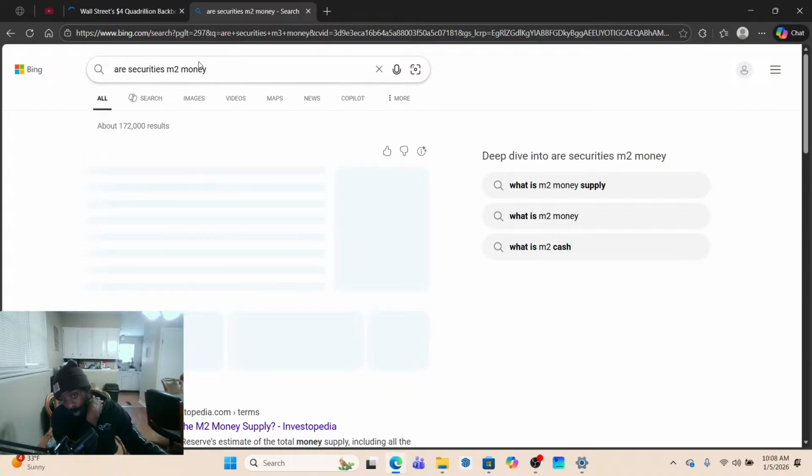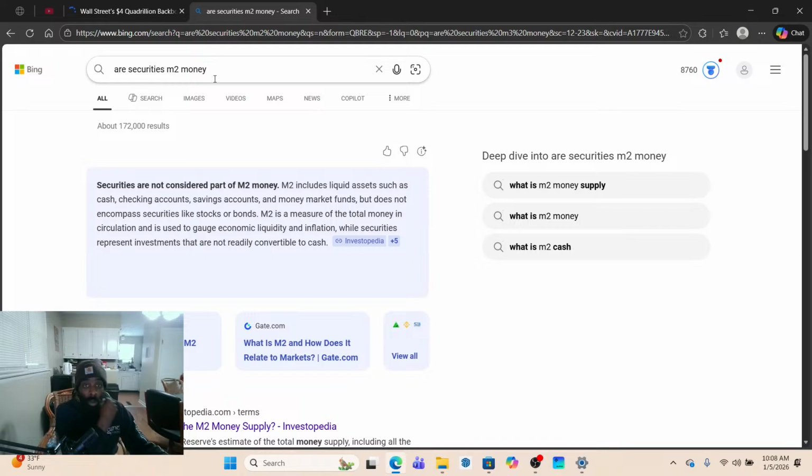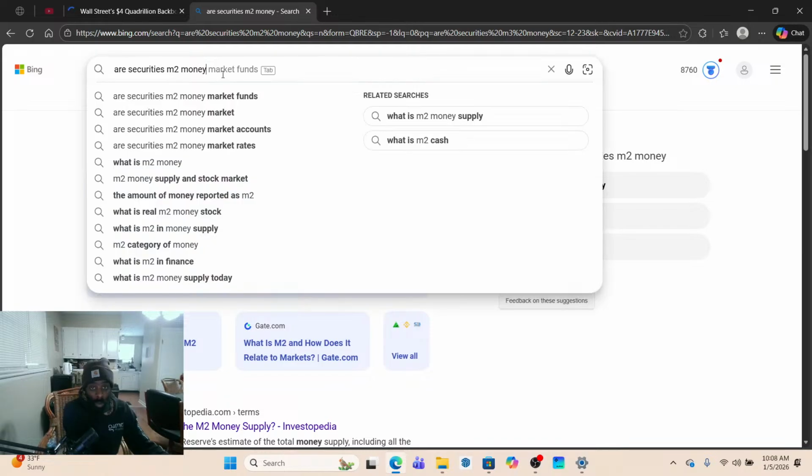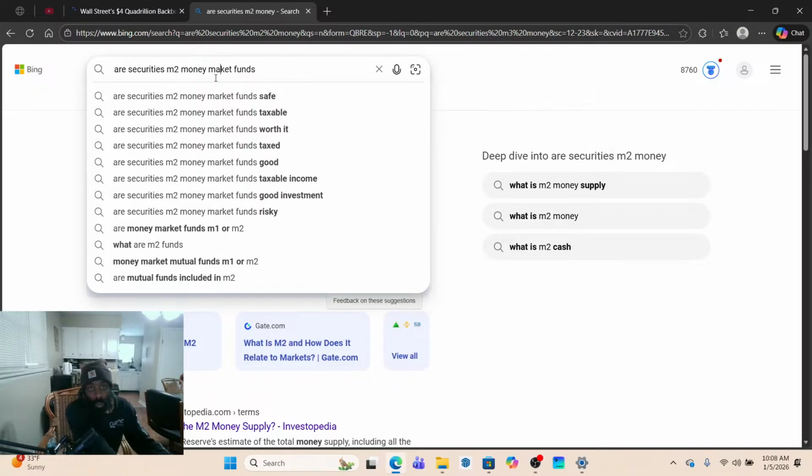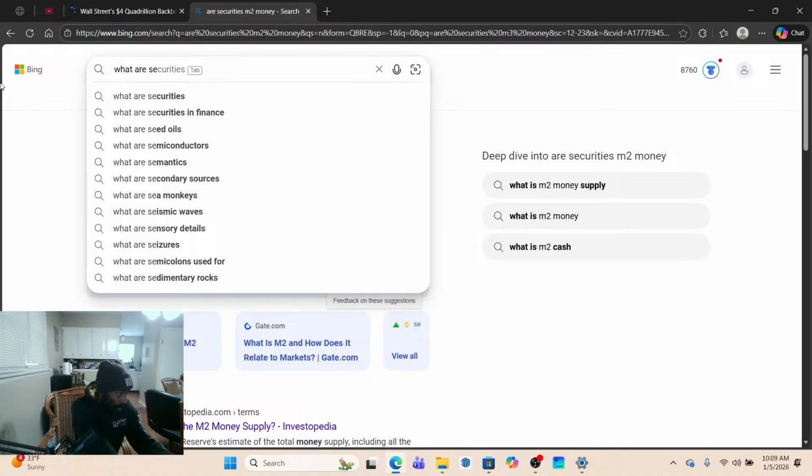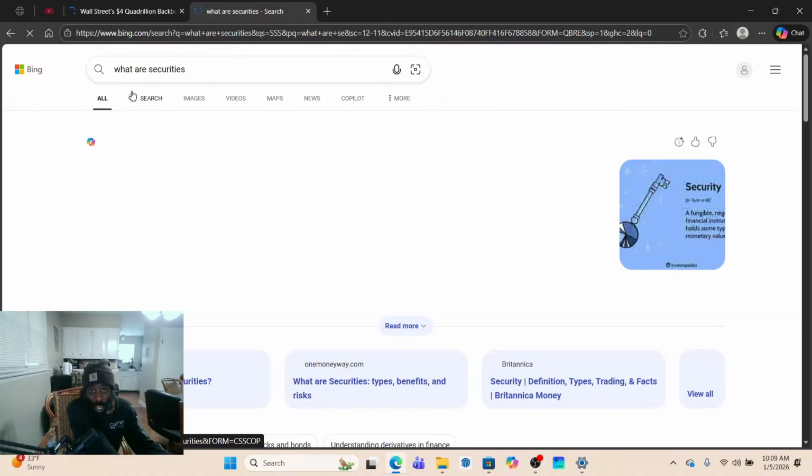That's a level right under cash. So what are securities then? That'll determine what assets they fall into. So we're all learning this together. That's why we're doing this chat. We gotta set it up.